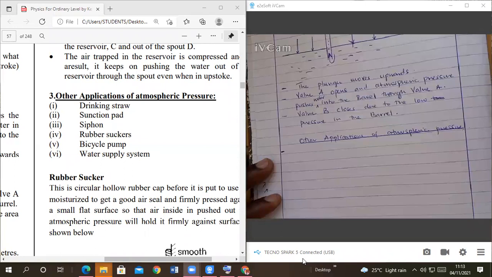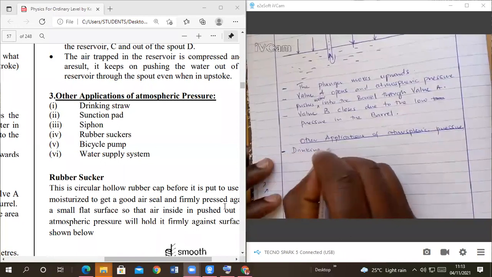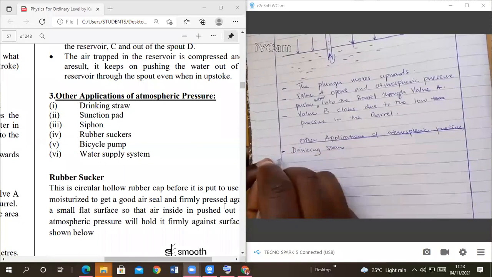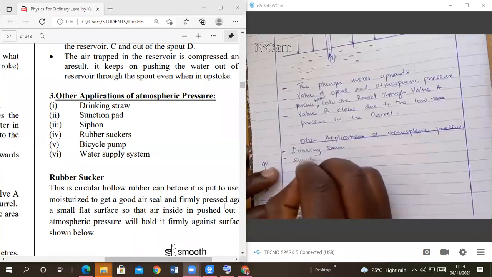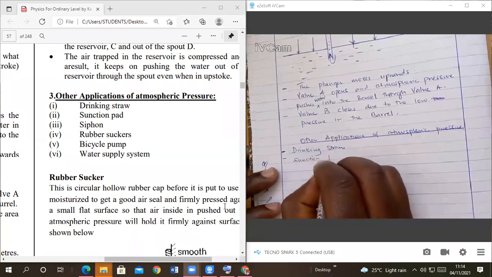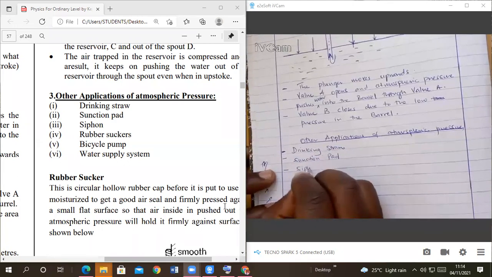Okay. So let us look at others. So we have drinking what? Drinking straw. You can first list them: drinking straw, suction pad. We have seen all these things. We have siphon. Maybe you don't know what a siphon is.